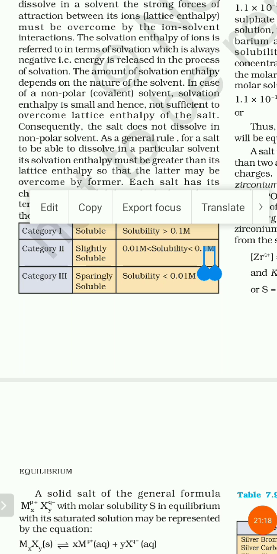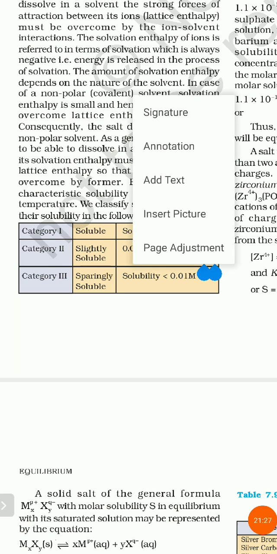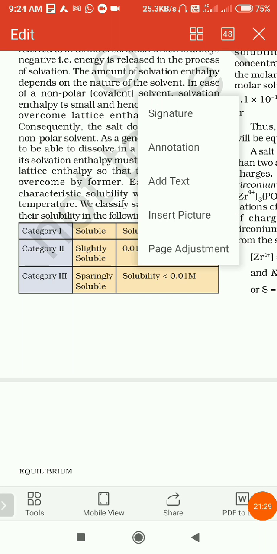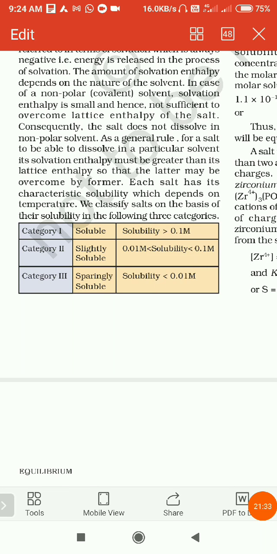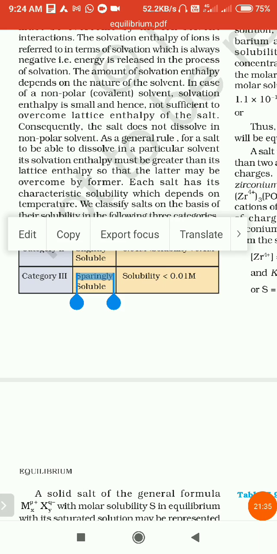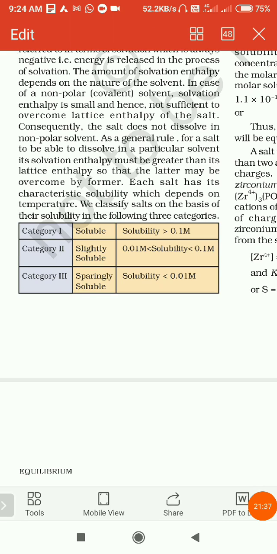Next, the third case: solubility less than 0.01 molar means that those salts are sparingly soluble.